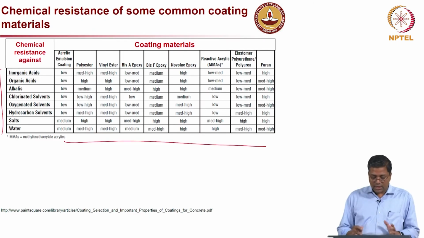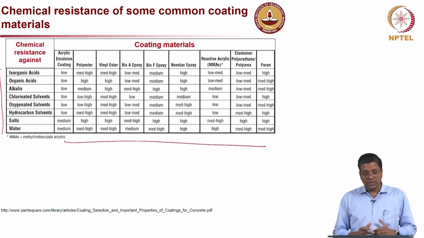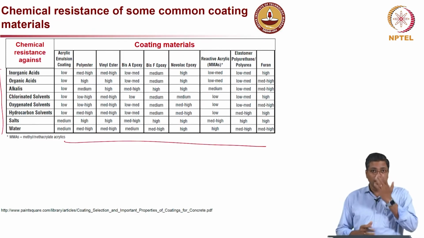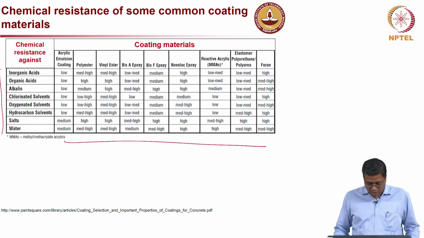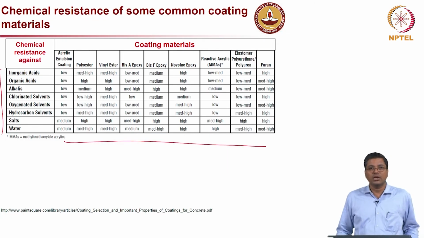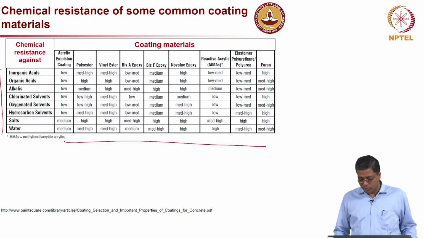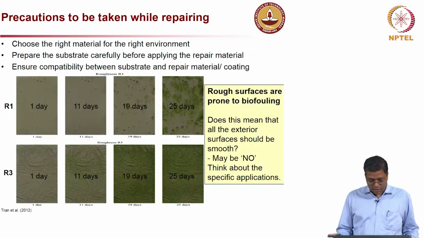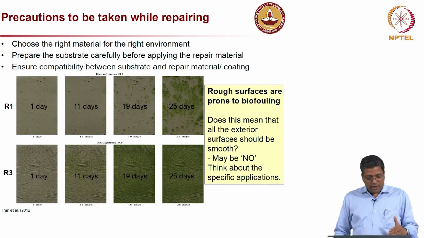The resistance varies from coating material to coating material, so depending on the type of exposure conditions you might have, you have to think about which coating material has to be picked. Now, another thing is how smooth the surface of the repaired surface should be.